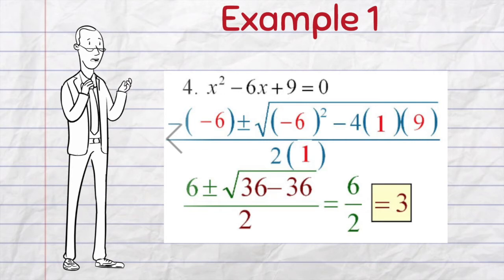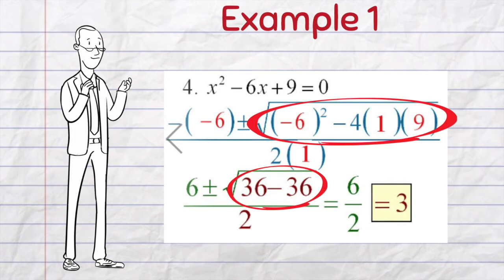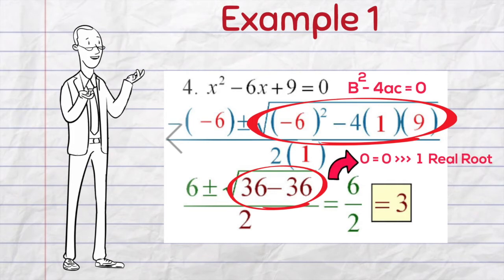If we want to find only the number of solutions, we can just find the discriminant, b squared minus 4ac. For this question, it is equal to 0, so it has one real solution, or real root.